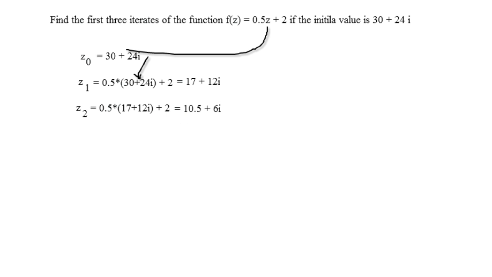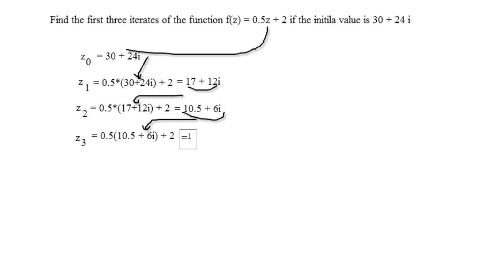Once again, I took this and plugged it back into the next problem. When I go for the third iterate, z sub 3, this will be 0.5 times 10.5 plus 6i plus 2. So I'm taking the answer from the previous iterate and plugging it into the new iterate, and just working it out.